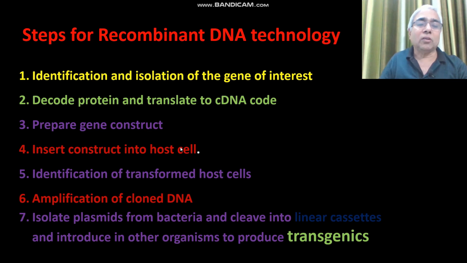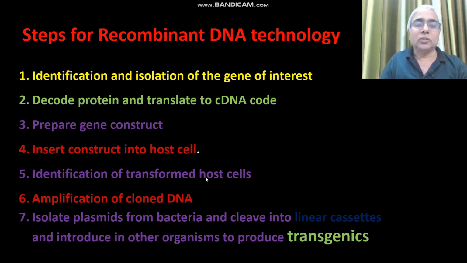Since you cannot observe this DNA molecule, that is gene construct, by your naked eyes, you have to devise a method by which you can know which cells your gene construct has been introduced into, and that process is termed as identification of transformed host cells.